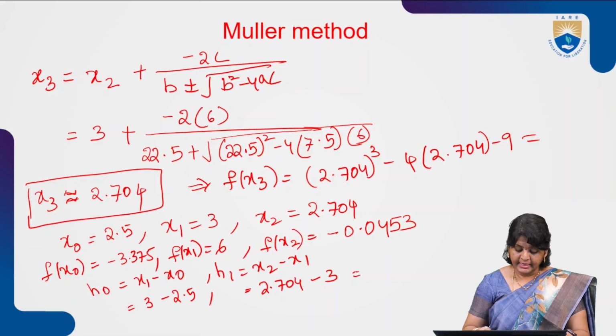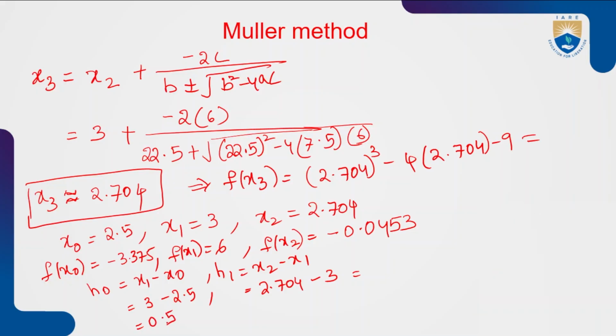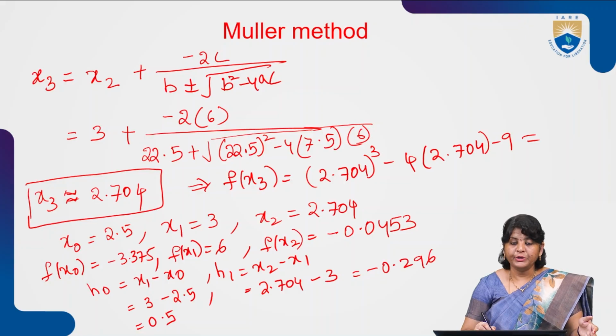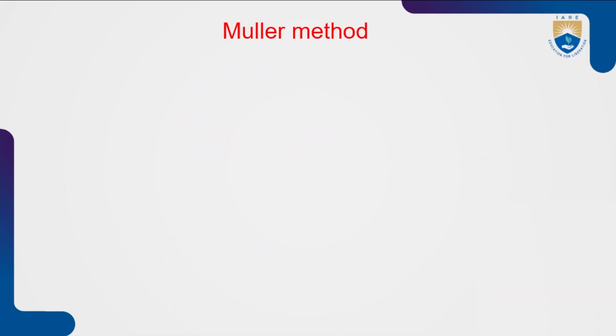So h0 is 0.5 and h1 is 2.704 minus 3, so this is minus 0.296. Similarly, we need to find the next values for the second iteration.